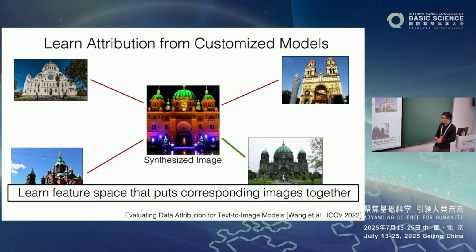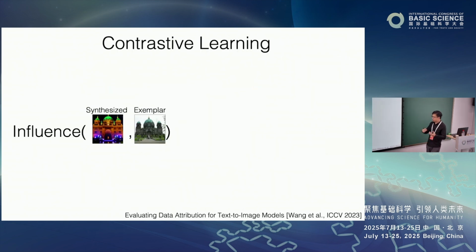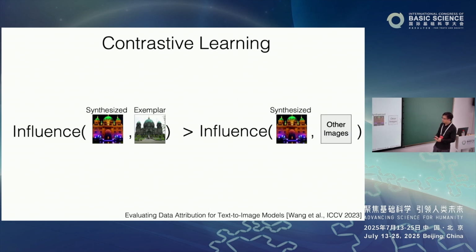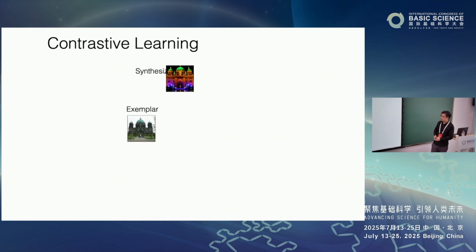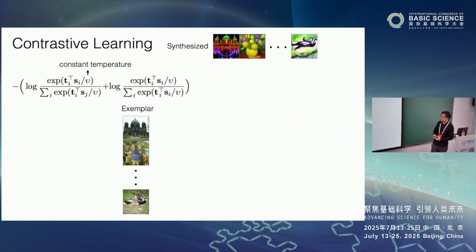So the idea is we want to learn a feature space such that corresponding training and test images are closer to each other. And this is basically saying that the affinity of these training and test pairs should be higher than the affinity of this test image and other random training images. And this can be very easily learned through a standard toolbox called contrastive learning.